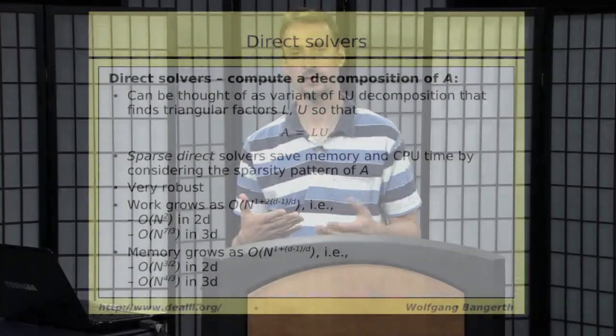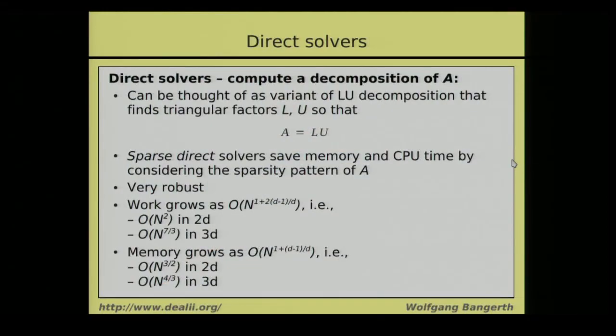Basically, there are 2 alternatives. You can either use a direct solver, or you can use an iterative solver. Let me first describe to you a little bit what these actually are. So direct solvers, you can think of them as follows. You've seen in your basic numerical methods classes how to compute something like an LU decomposition.